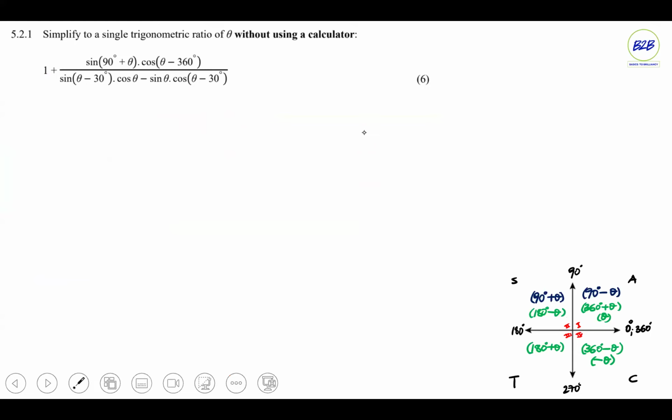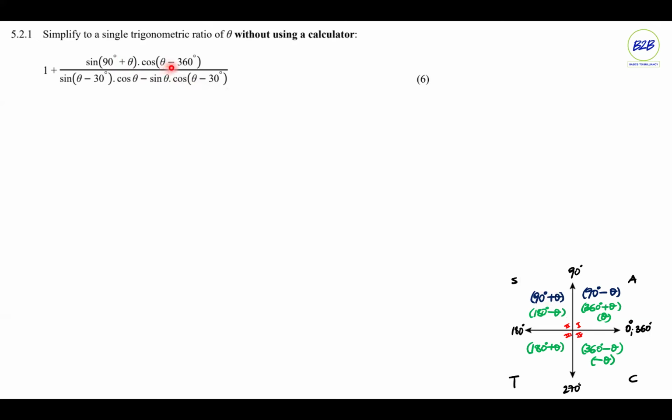You can pause the video and attempt it, and then you can compare with the solutions that are to come. So, for example, you have 90 degrees plus theta here. That is in the second quadrant. It's part of the normal reduction formulae.